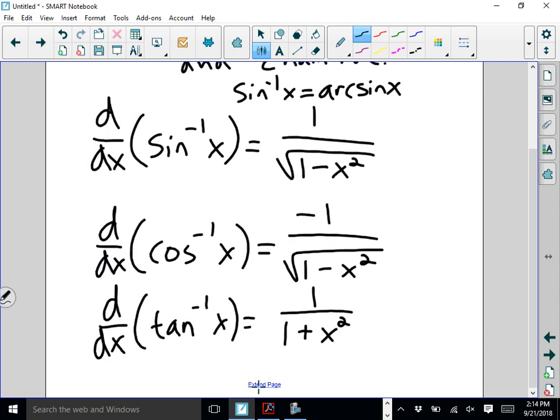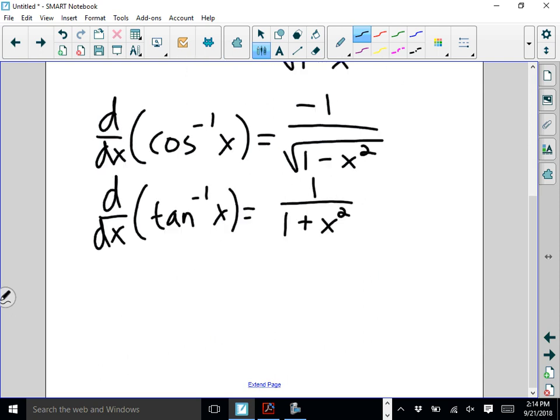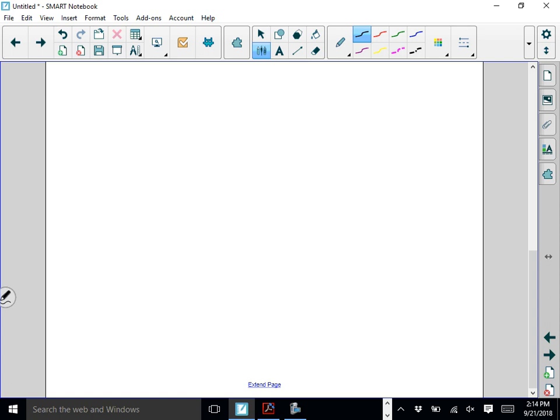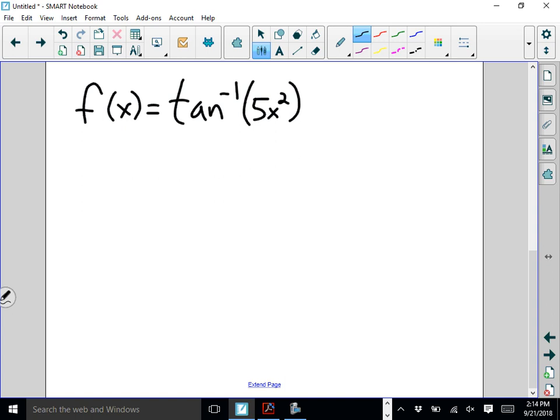Sometimes where I see these on the test is they test this with the chain rule. So let me show you an example of a problem that you might see. So we see this, and now this is a chain rule problem, right?